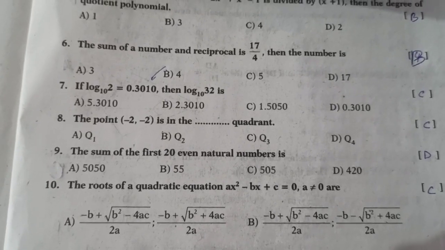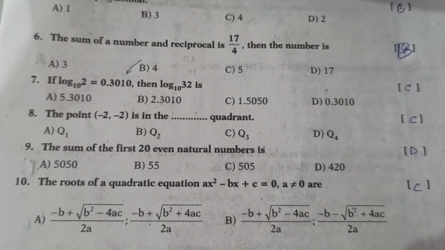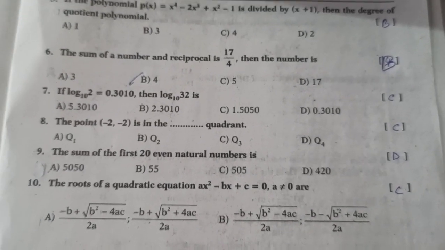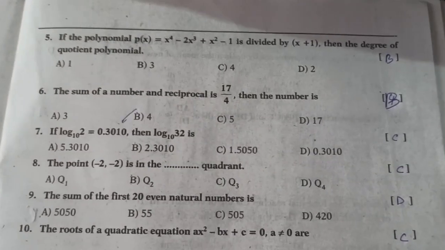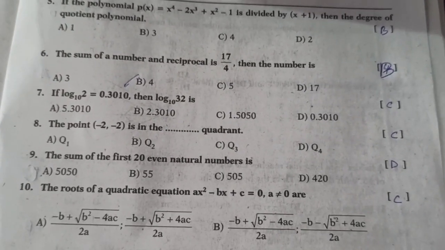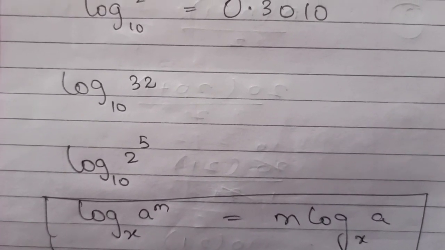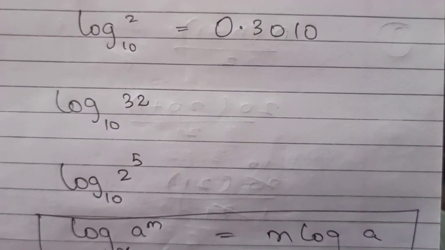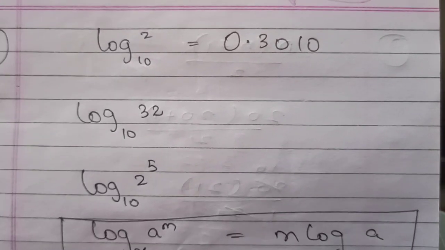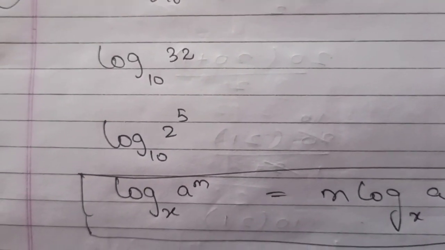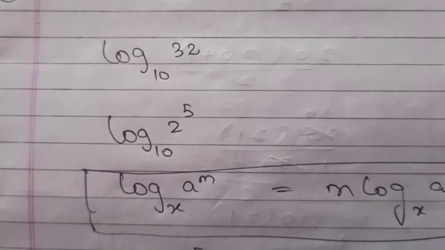7th one: if log base 10 of 2 is equal to 0.3010, then what is log base 10 of 32? We need to find this. It's very simple. Given log base 10 of 2 is 0.3010, we have to find the value of log base 10 of 32. 32 we can write as 2 power 5.